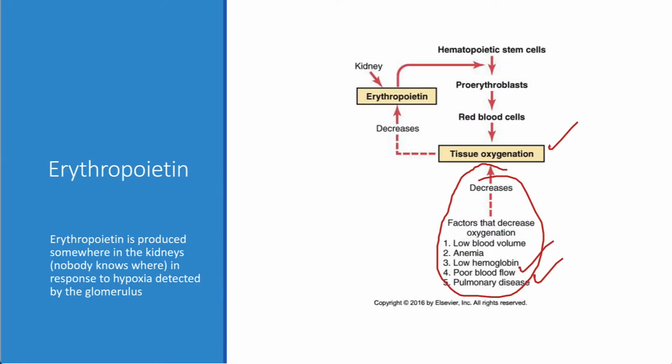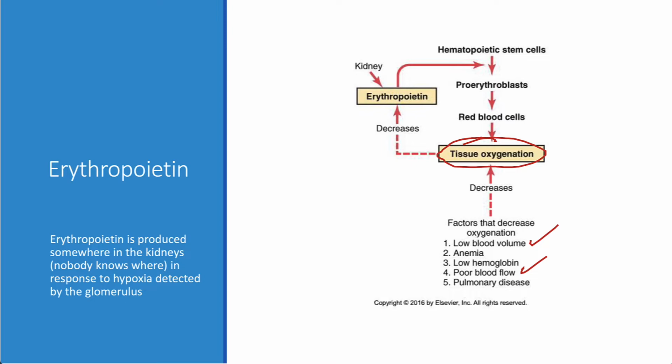So remember, erythropoietin comes from decreased tissue oxygenation. It can be because of low blood volume, which is what you would think when we're producing new red blood cells as a result. But it could also be because of poor blood flow, right? Could be poor cardiac output that makes it happen.